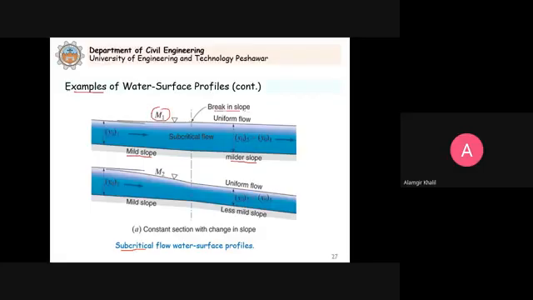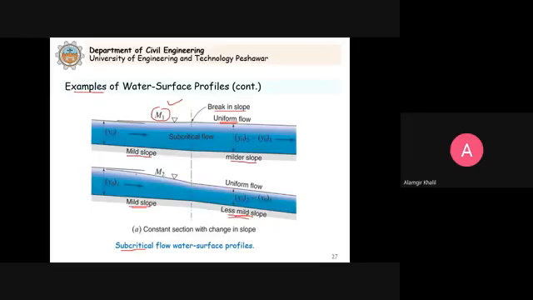If a milder slope channel meets a less mild slope, then we will observe a decrease in the water surface, and this will result in M2 profile. You can do the analysis.